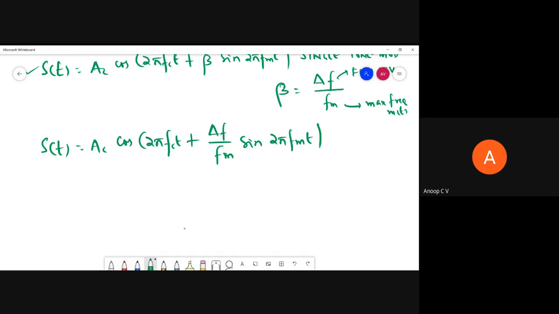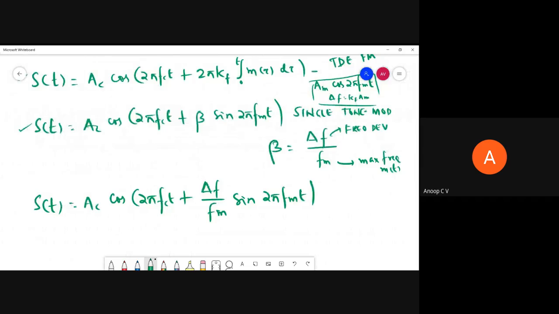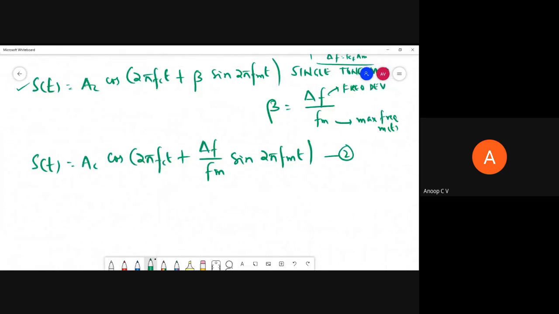Now if we compare the standard expression and the expression for single tone FM, that is, if I call it equation number 1 and equation number 2, if we compare equation 1 and 2, we will get 2 pi kf into integral 0 to t m of tau d tau is equal to delta f by fm sine 2 pi fmt.